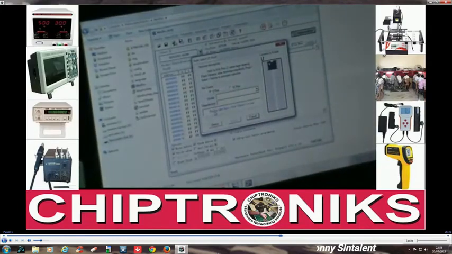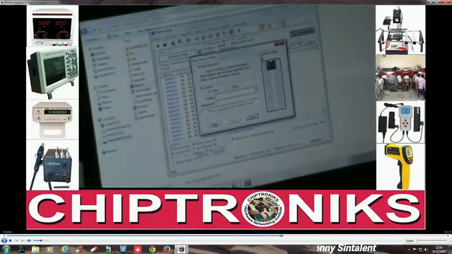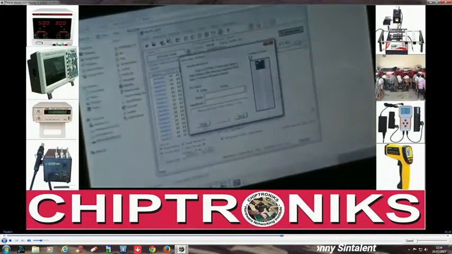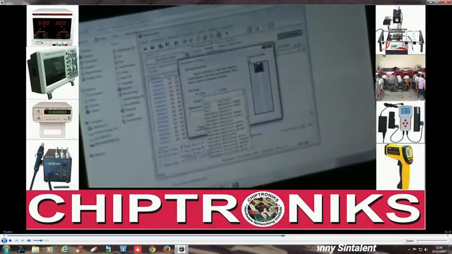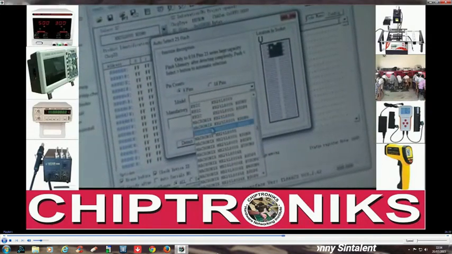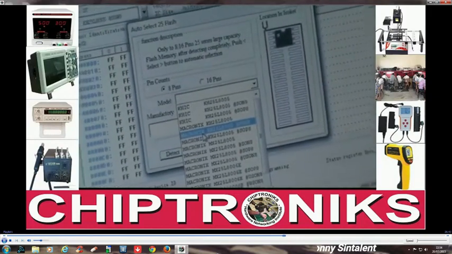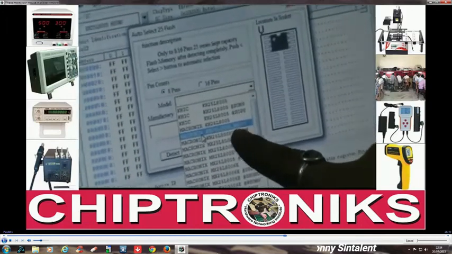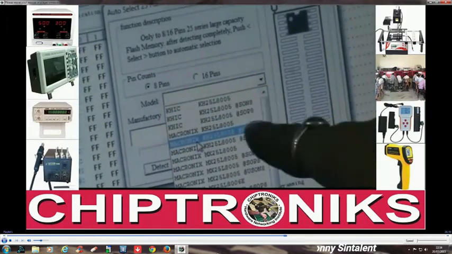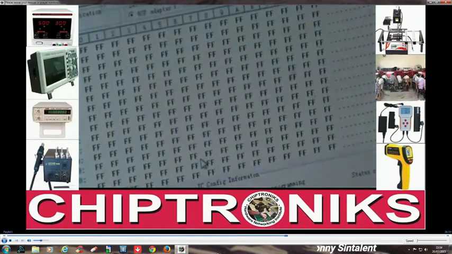Now you see here I connect, detect this, lists are coming. Now this is our SOIC. That's why here we select Macronix KH25L8005 SOIC N8 and select.